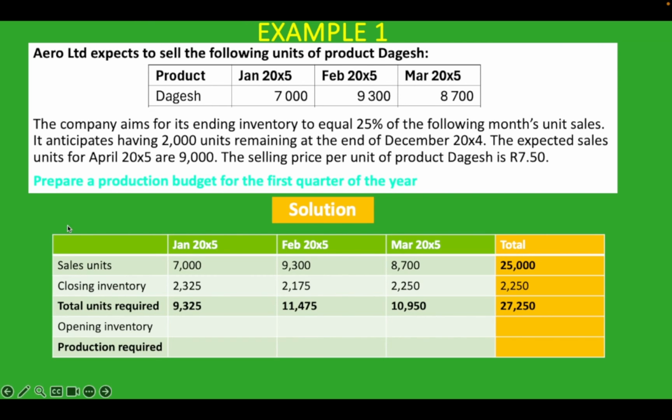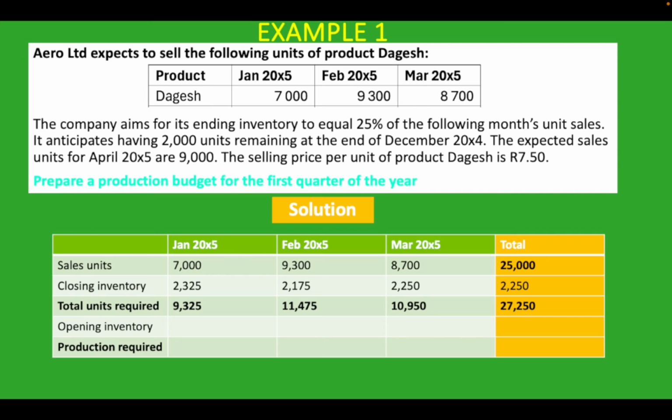But in our case, what does the information tell us? Well, it says here, it anticipates having 2,000 units remaining at the end of December 20x4, meaning the previous month, okay? In December, the 2,000 units will be remaining at the end of the month. That means that's going to be our opening inventory for January. So you just have to make sense of the way the information is given to you.